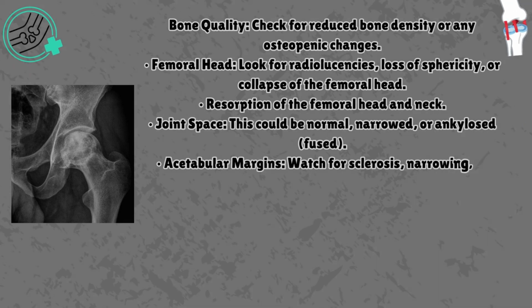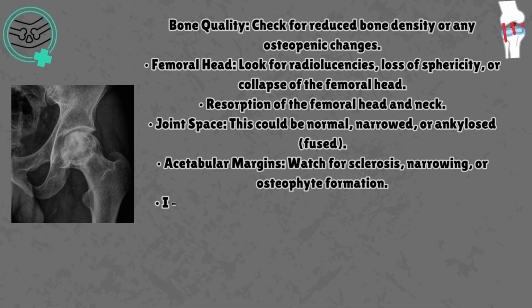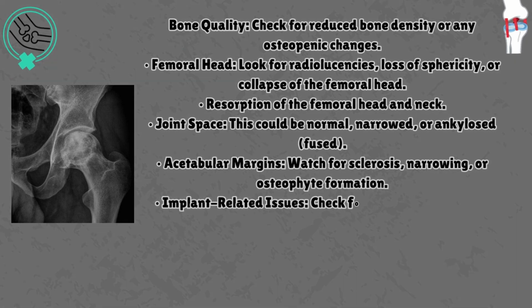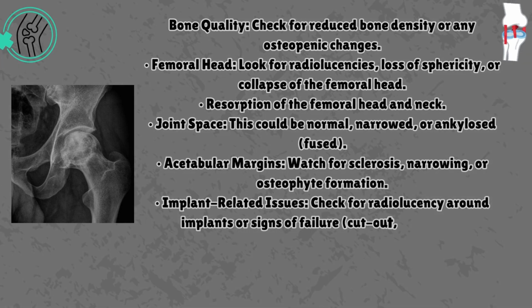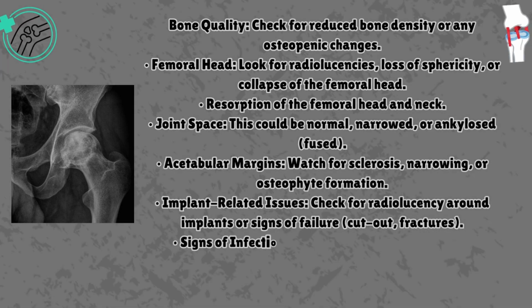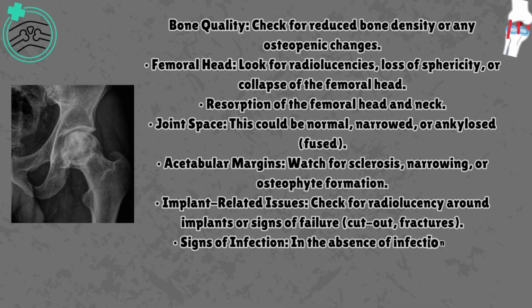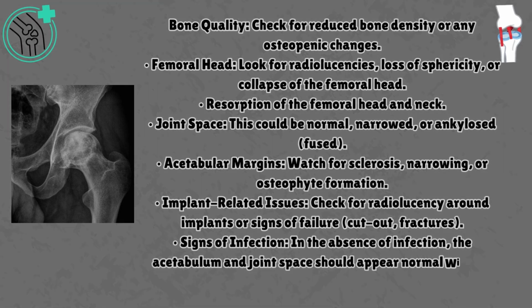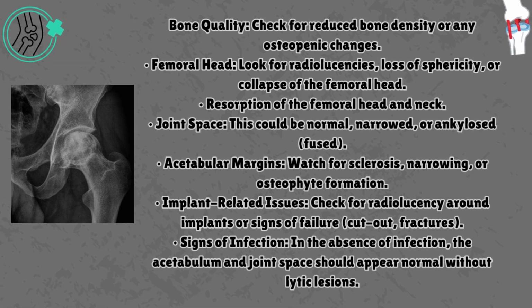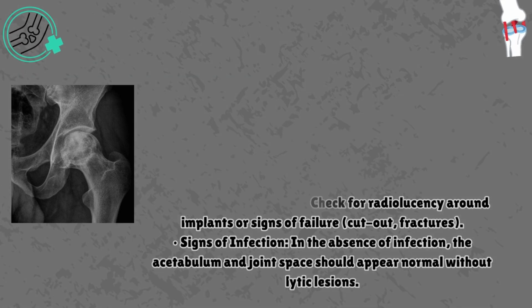Acetabular margins. Watch for sclerosis, narrowing, or osteophyte formation. Implant-related issues. Check for radiolucency around implants or signs of failure, like cutout or fractures. Signs of infection. In the absence of infection, the acetabulum and joint space should appear normal without lytic lesions.